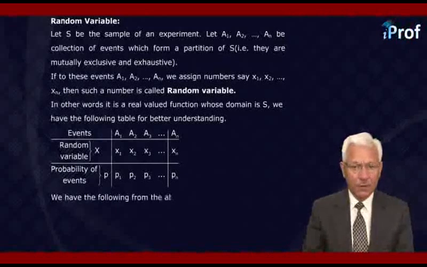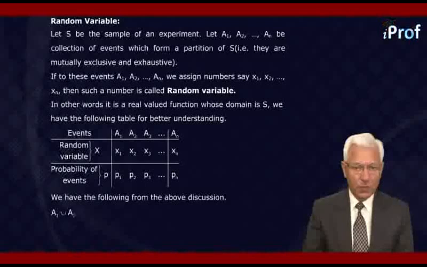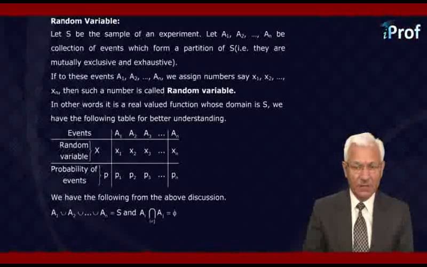We have the following from the above discussion. That is, A1 union A2 union A3 ... union An is equal to S, and Ai intersection Aj, i not equal to j, is equal to phi. That is, they are mutually exclusive.